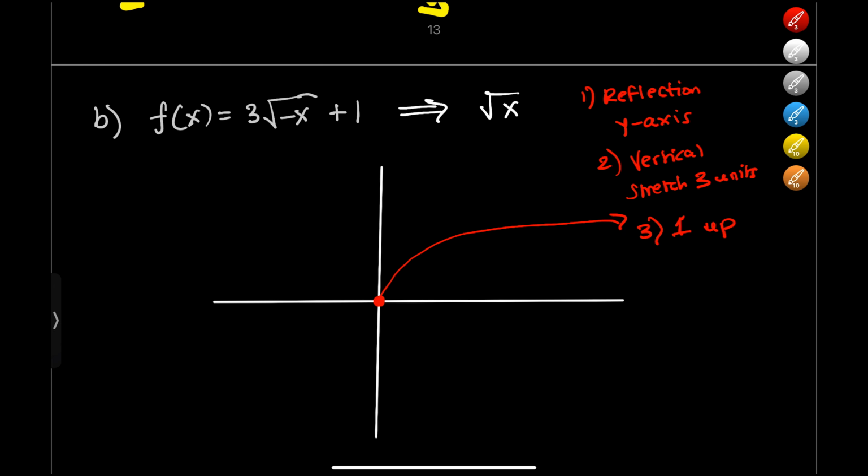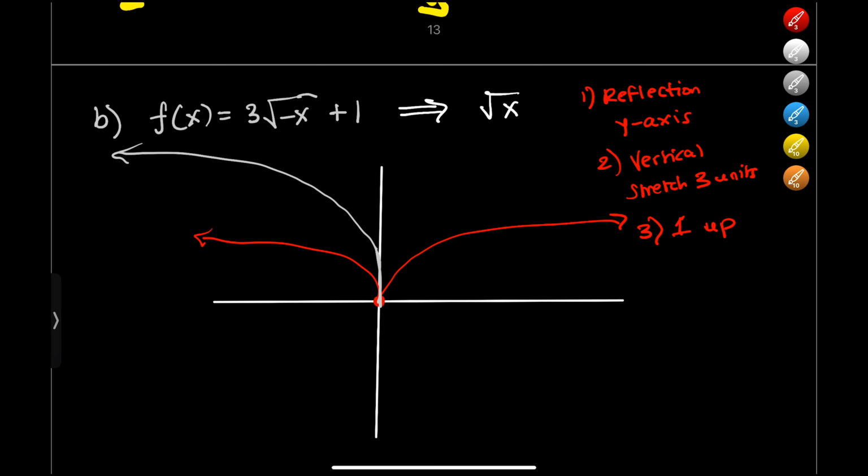So let's follow these instructions. If it's reflected over the y-axis, then it's going to go something like this. Then there's a vertical stretch by 3. And when there's a vertical stretch, it usually goes higher up and goes around like that. So that would be the 3 that's going on.